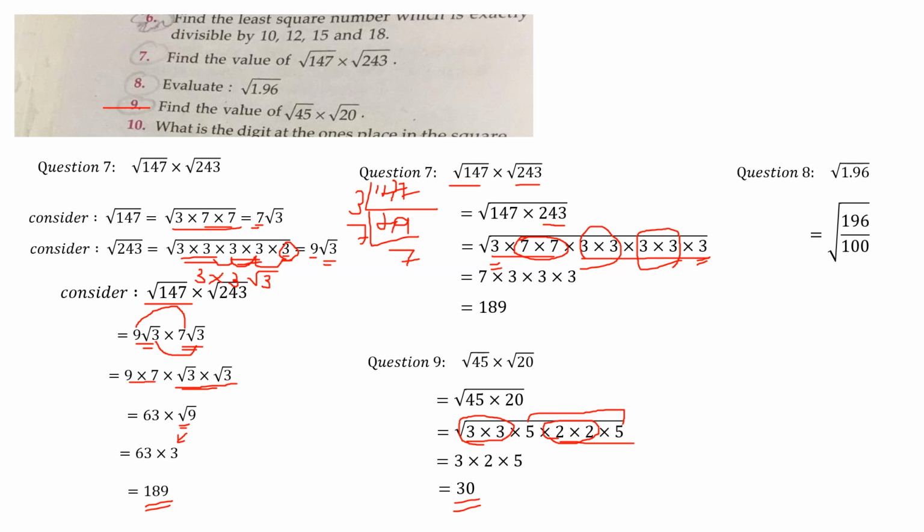Then the square root of 196 is nothing but 14, where you'll have to memorize the squares of 1 to 20, or you can just go with the factorization method. Once again, 196 can be factorized as we did in the previous question. Then the square root of 100 is 10. So 14 by 10 is nothing but 14, so after one digit place the point. It's nothing but 1.4. I hope you understood.